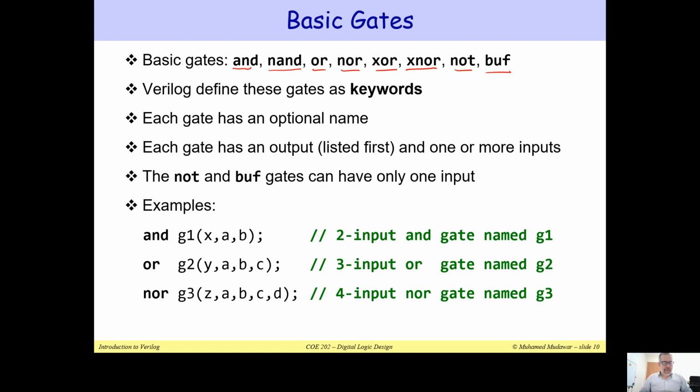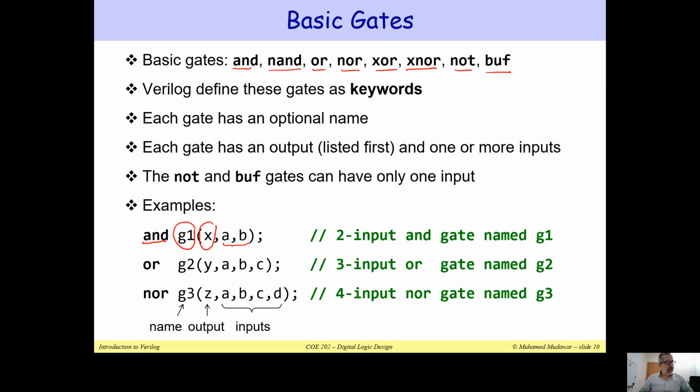You can write an optional name after the gate. For example, you can say AND, and give it a name like G1. And then you write the output first, followed by the list of inputs. So here, for example, X is the output, A and B are the inputs. So you always write the output followed by the list of inputs in the case of gates. So you write the name first, between parentheses you write the output, and then you can have multiple inputs.